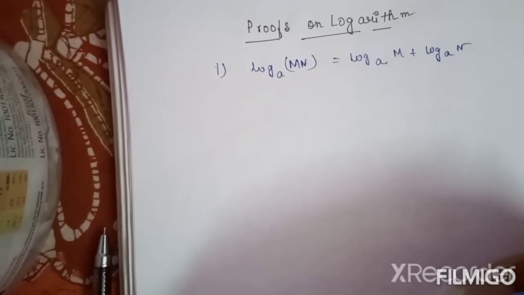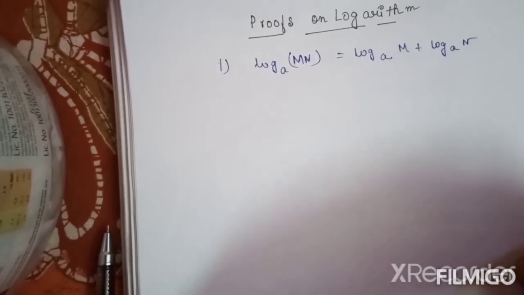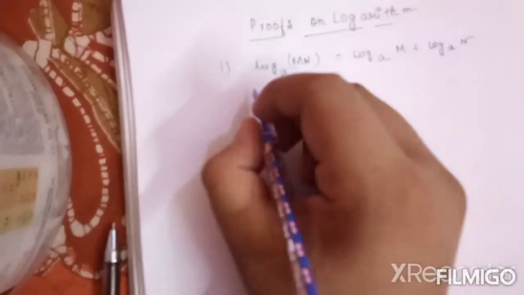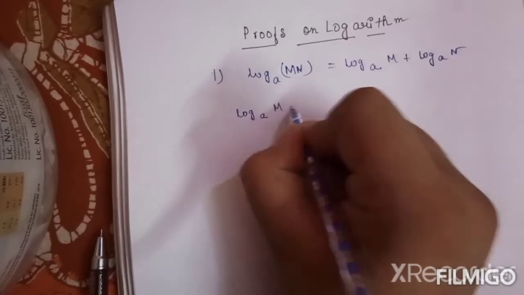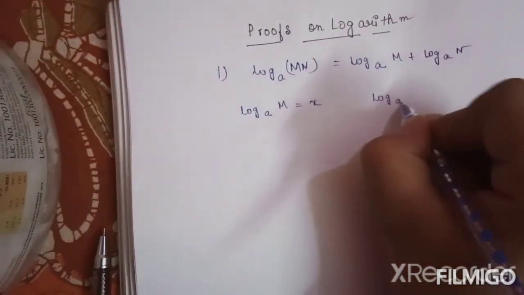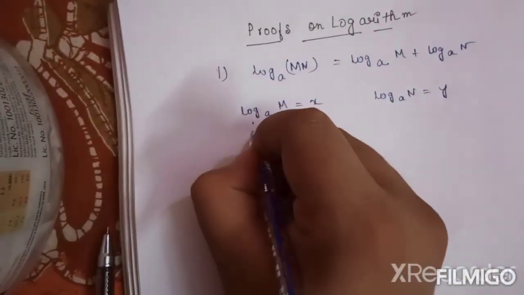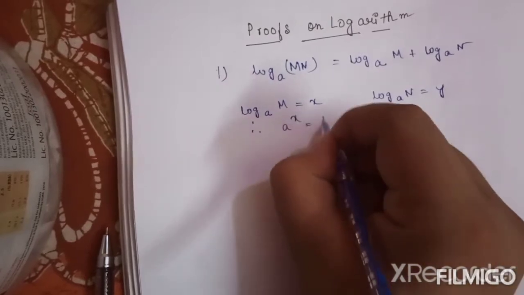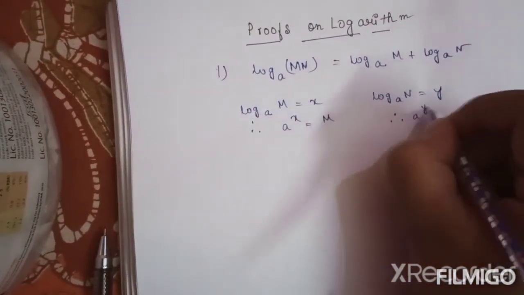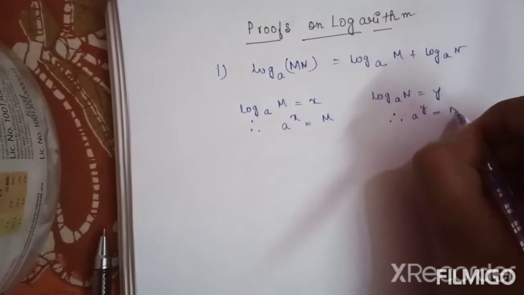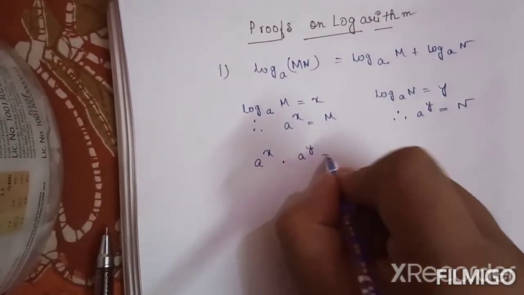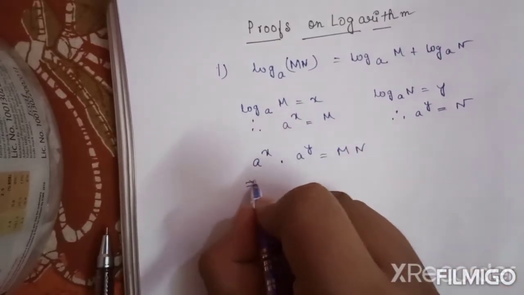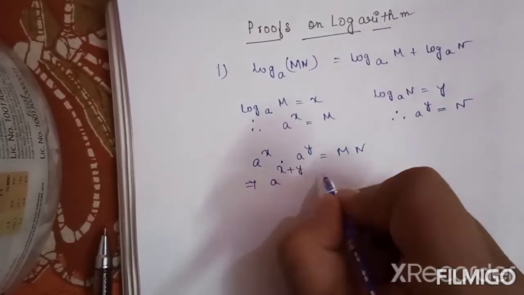The first formula was log a base mn equal to log a base m plus log a base n. So we will assume that log a base m equals x and log a base n equals y, which means a to the power x equals m, and a to the power y equals n. So we'll just multiply a to the power x into a to the power y, which is equal to mn, or a to the power x plus y equals mn.